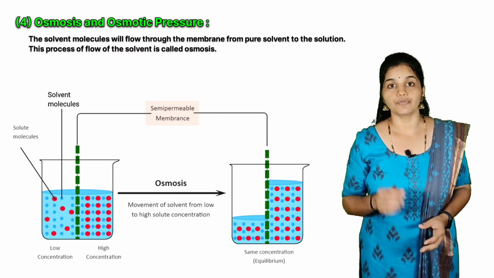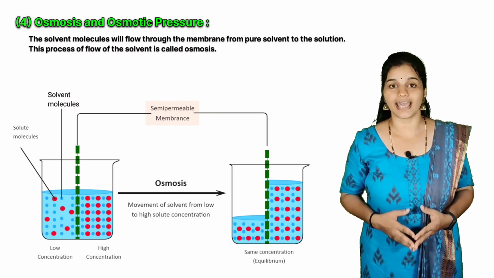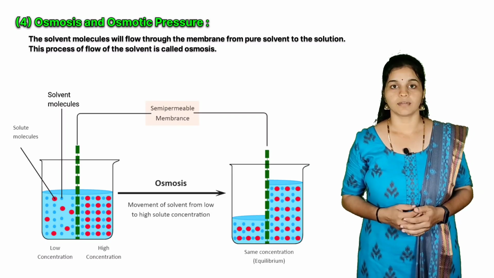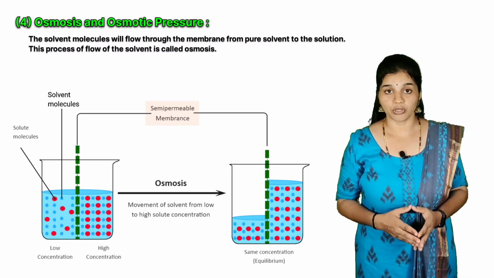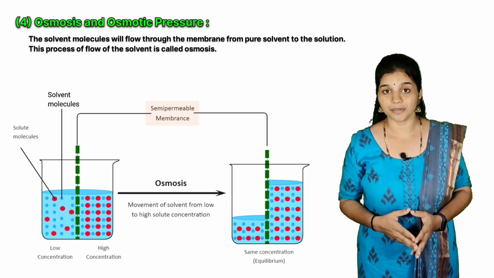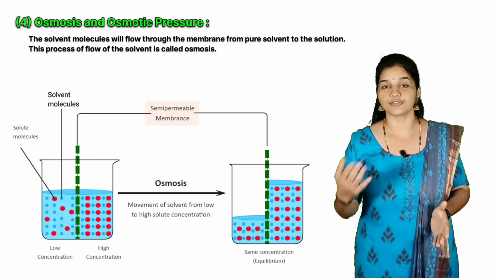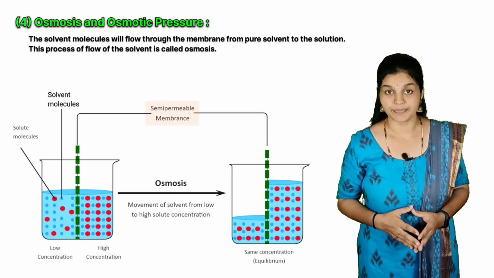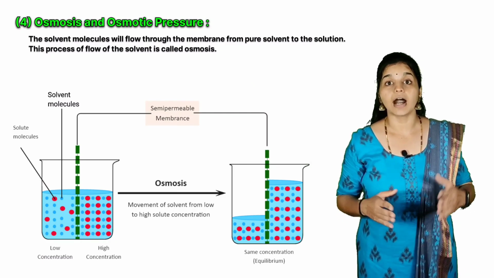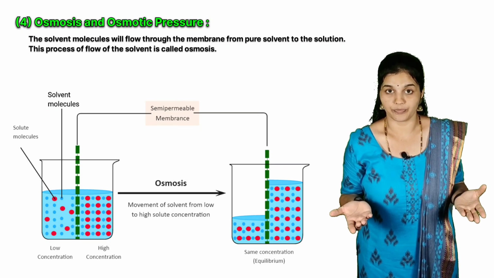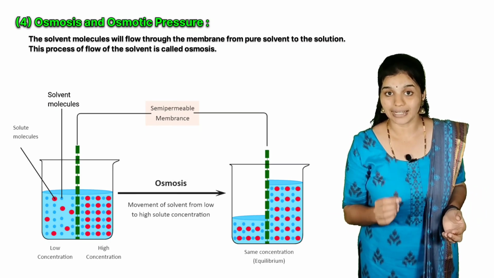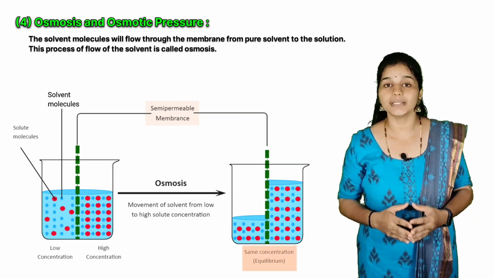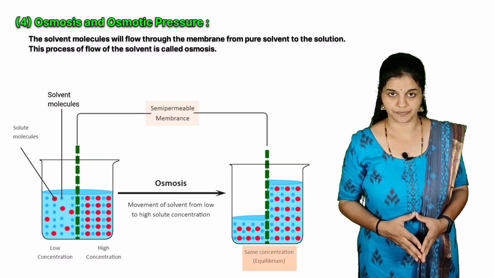This process of flow of solvent is called osmosis. So, when the solvent molecules flow through the semi-permeable membrane from pure solvent to the solution side, we call the process osmosis. Now, the question is, how long will this process continue? The flow will continue till the equilibrium is reached.